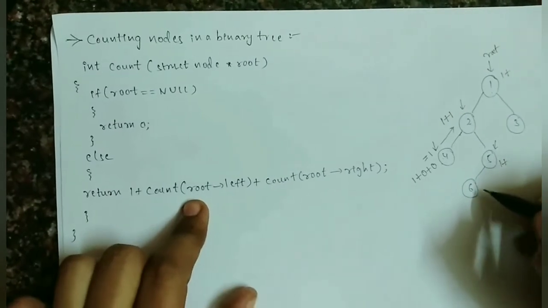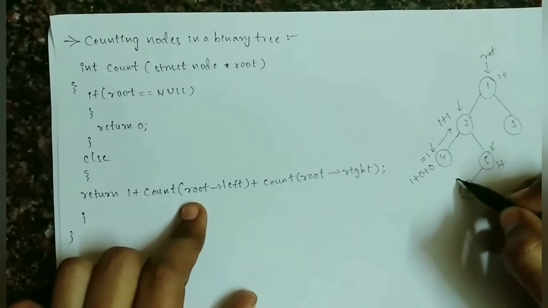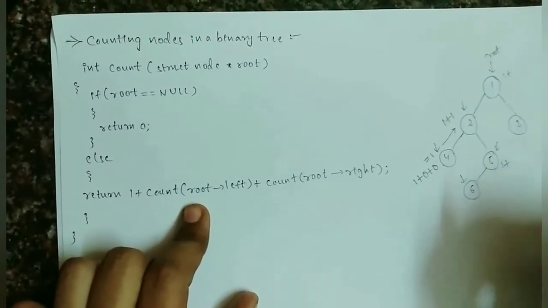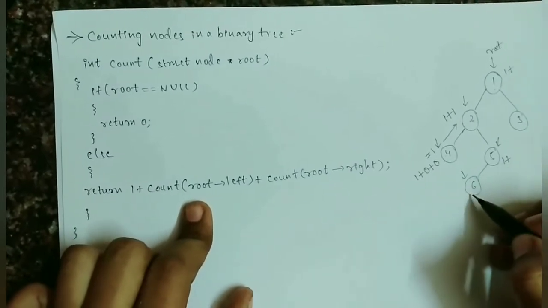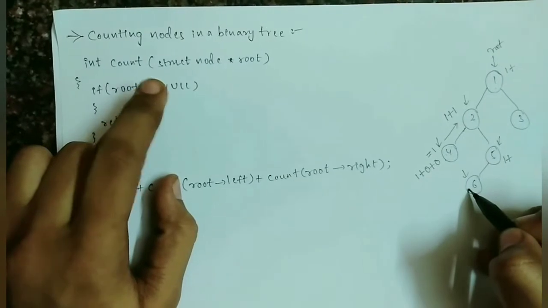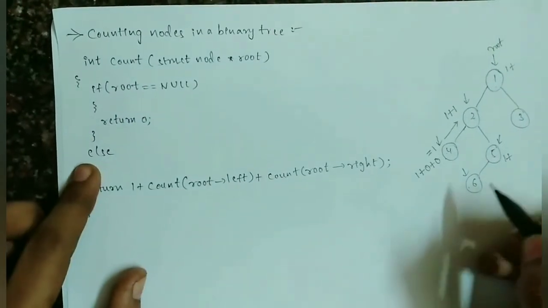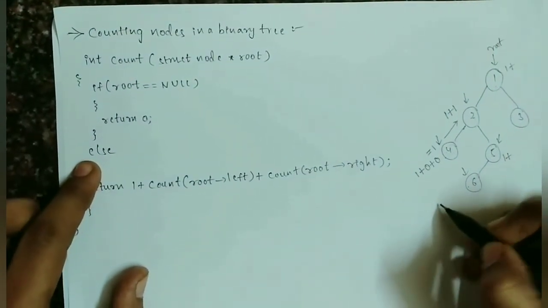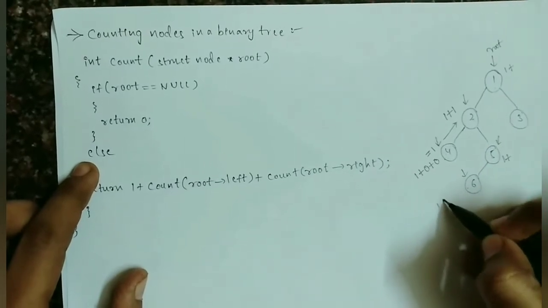The pointer points to node 6. Here also root is not null, so it goes to the else part and returns a value, including itself.